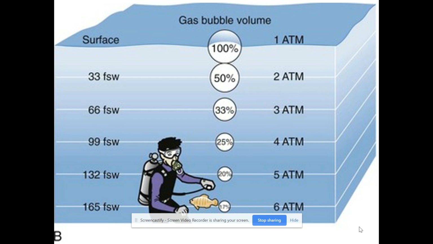So at very large depths, nitrogen will also dissolve in your blood, and it can cause symptoms that make one person feel almost drunk. It's called nitrogen narcosis. It can also create a problem when you rise to the surface because those dissolved gases again bubble up. They become huge gas bubbles and can cause things like hemorrhages and so on.